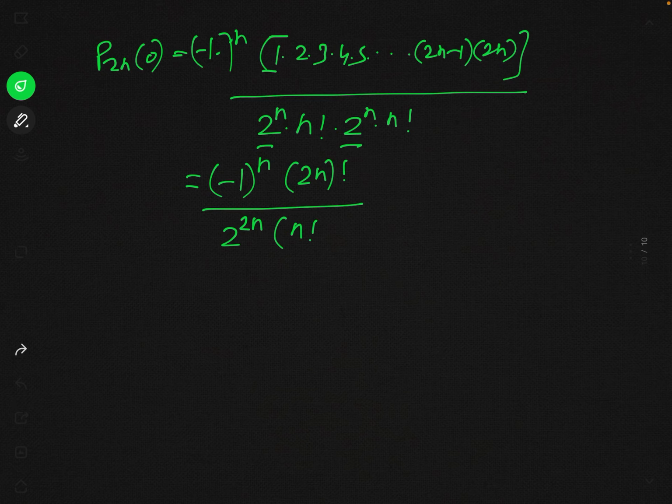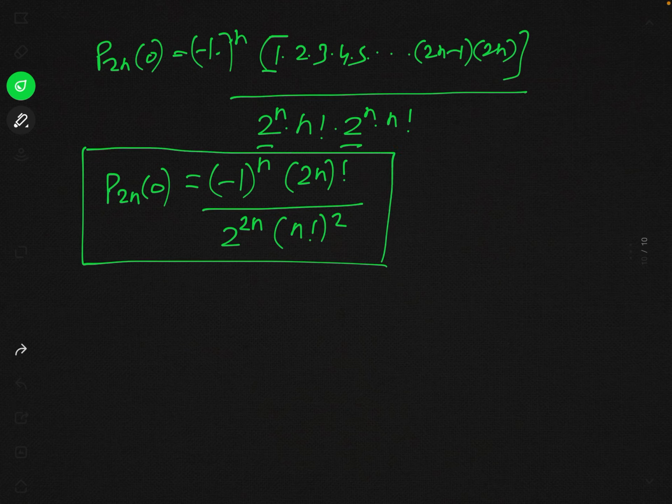So this is 2 to the power 2n, you can see, and factorial n into factorial n can be written as factorial n square.